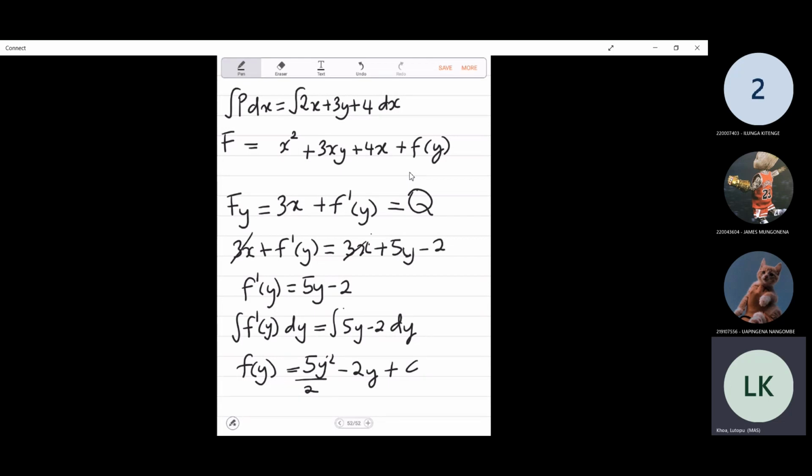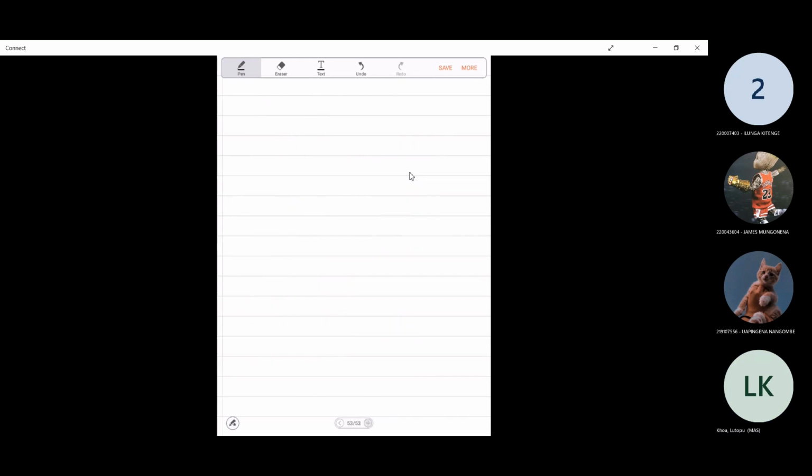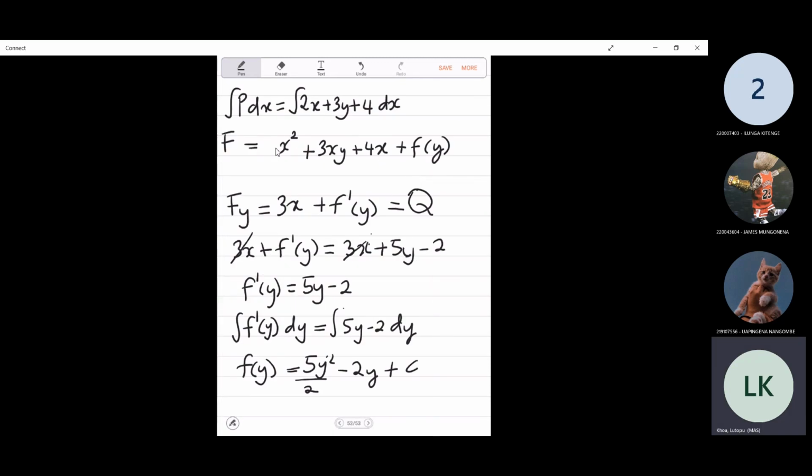Now the way we write the solution is as follows. We take all these terms here. So it will be x squared plus 3xy plus 4x, and then f of y is this part, and then we equate it to c.